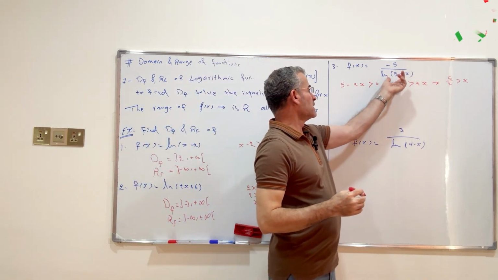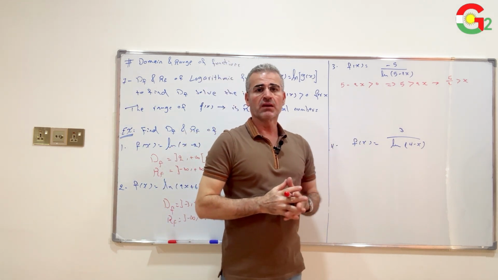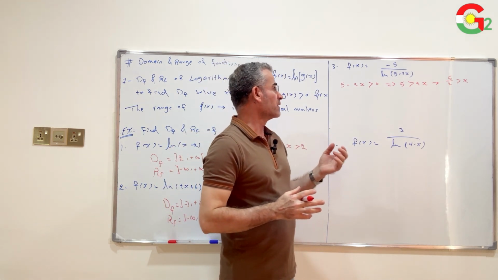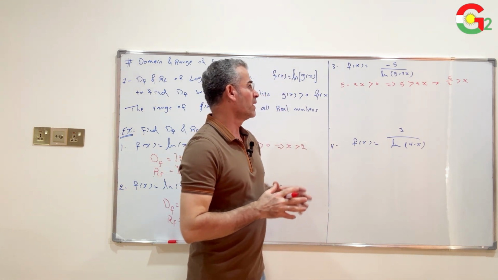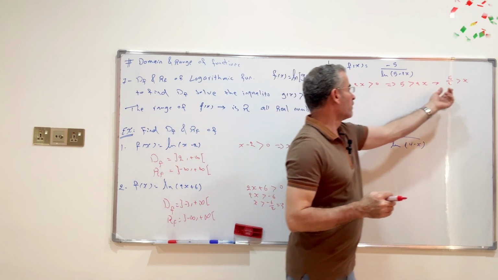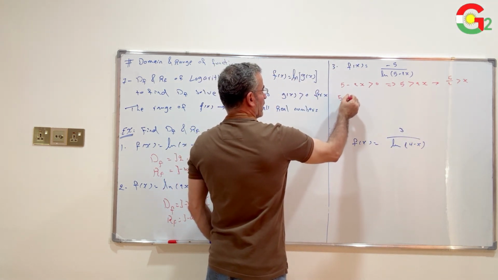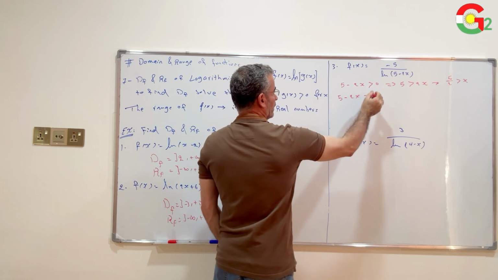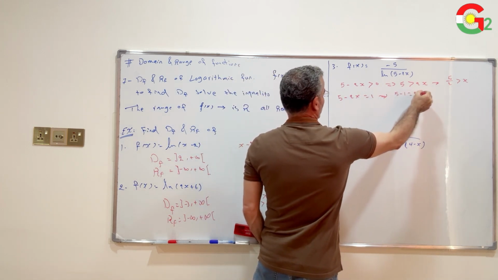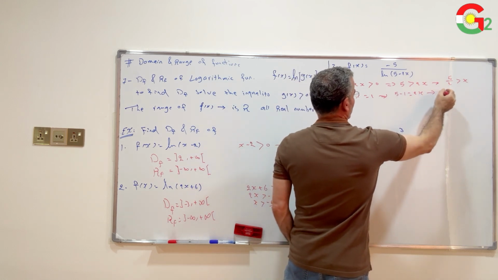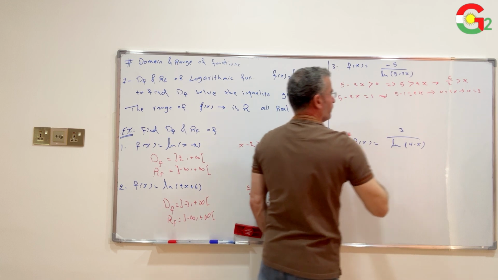Now, since ln 1 is 0 and ln is in the denominator, then 5 minus 2x should not be equal to 1. Then I'll subtract 1 from this interval. Let me find the value that makes 5 minus 2x equal 1. Then 5 minus 1 equal 2x. Then 4 equal 2x. Then x equal 2.